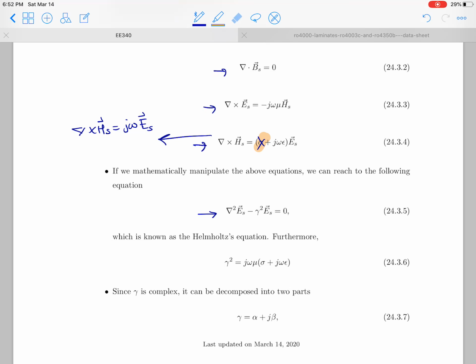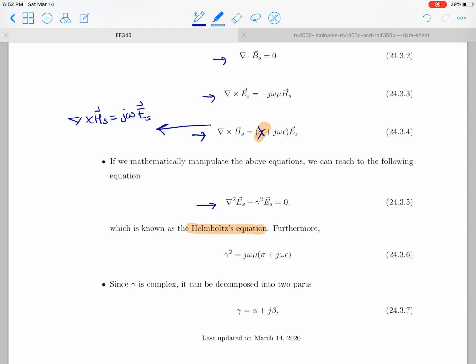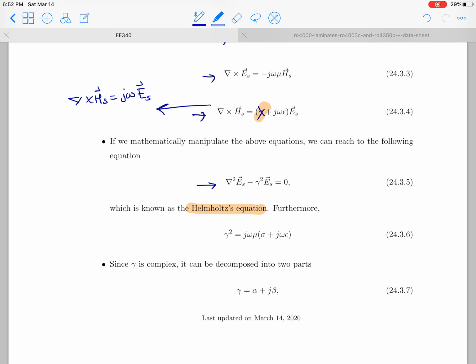This is known as the Helmholtz equation. It's named after the German physicist Helmholtz. So the Laplacian of the electric field minus gamma squared times the electric field is equal to zero.